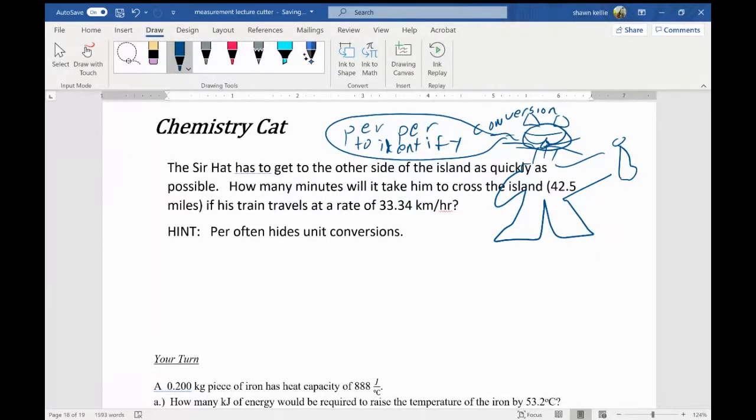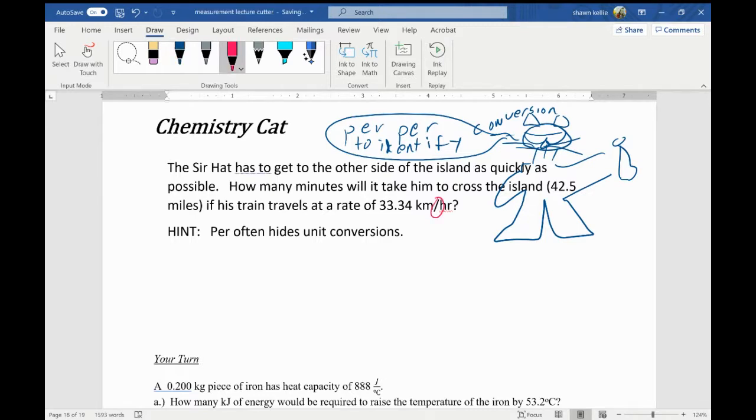So when we read this problem, we see how many minutes will it take him to cross the island, 42.5 miles, if Thomas traveled at the rate of 33.34 kilometers per hour. Hear Chemistry Cat there?